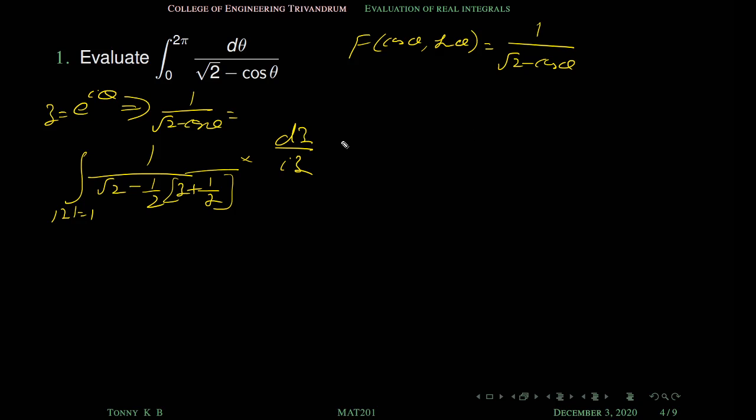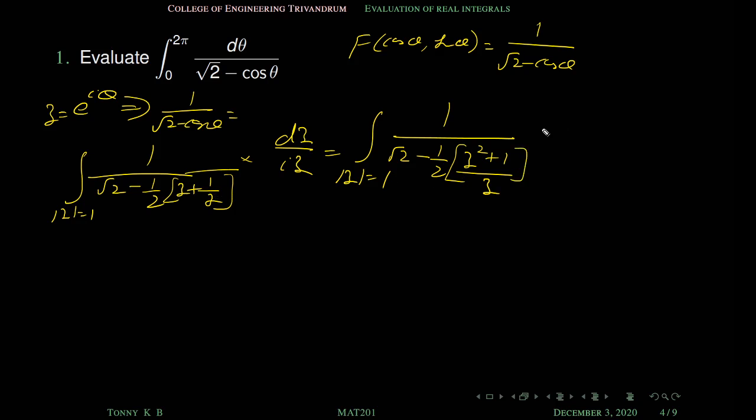Then upon simplification, what happened? This becomes the integral over mod z equal to 1 of 1 by root 2 minus, you can take the LCM, so this is 1 by 2z squared plus 1 divided by z, by taking the LCM, into dz by iz. Again you can take another LCM, because now the denominator is 2z.